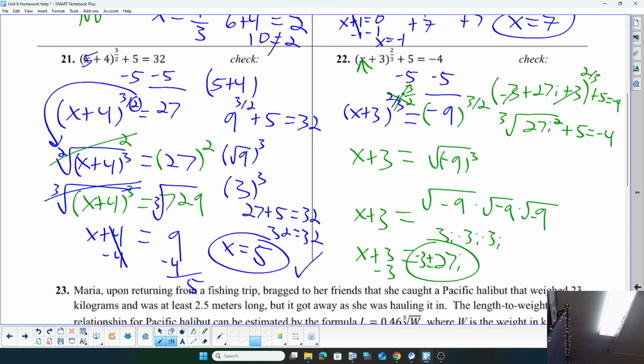So then we got 27i squared. Well, i squared is a negative 1. So that's what i squared becomes. And you can do the cube root of negative 27, which is negative 3. And then plus 5. Let me see. Did we do that right? Yep. So plus 5 equals negative 4? 5 minus 3 is 2, and 2 doesn't equal negative 4. So maybe it doesn't work.